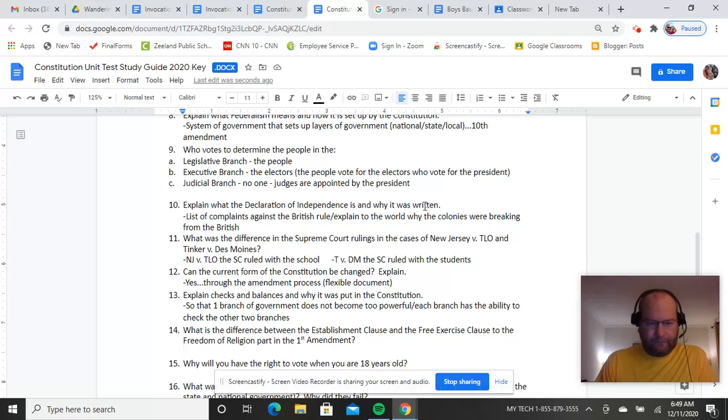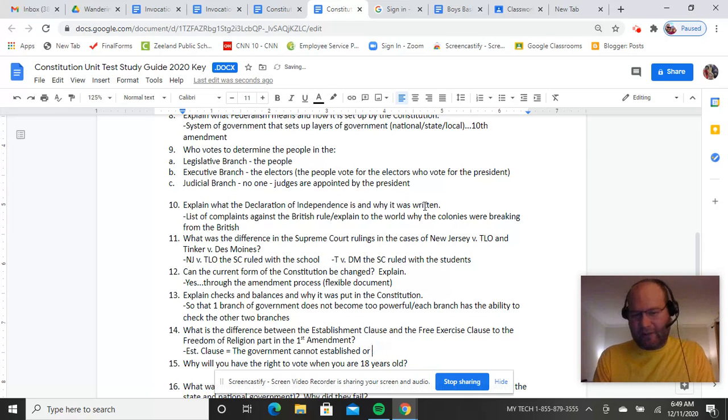Number 14. What is the difference between the Establishment Clause and the Free Exercise Clause in the freedom of religion part of the First Amendment? All right. So the Establishment Clause says that government cannot establish, enforce a specific, I don't want to say force, that's a bad word.